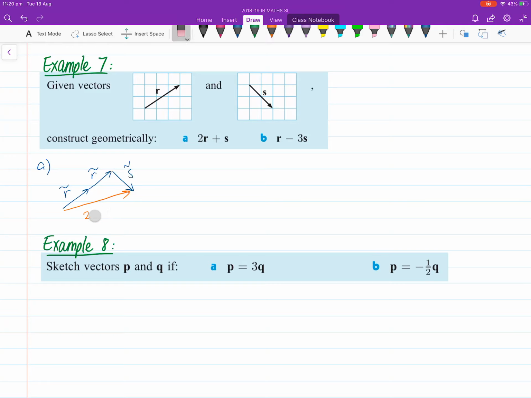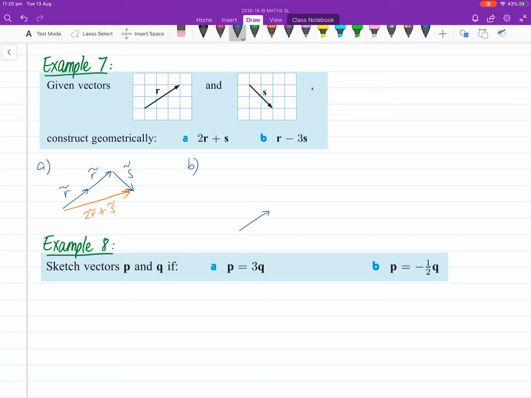Let me just rewrite that because it's not very neat. 2R plus S. Okay, and then question B, R minus 3S. So we've got R sort of going that way. Hang on.